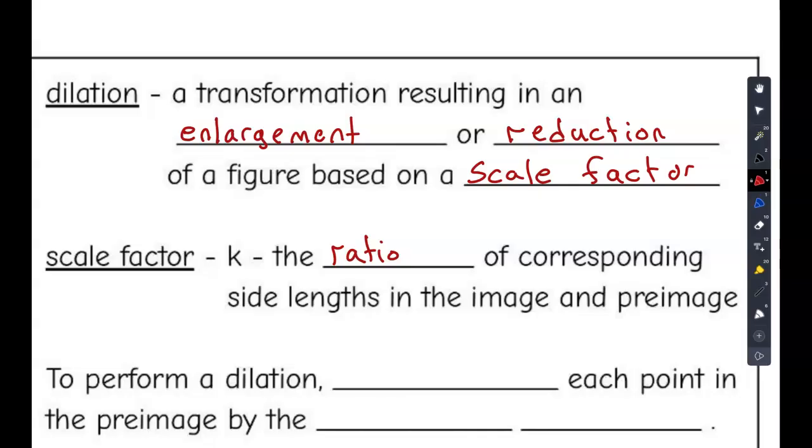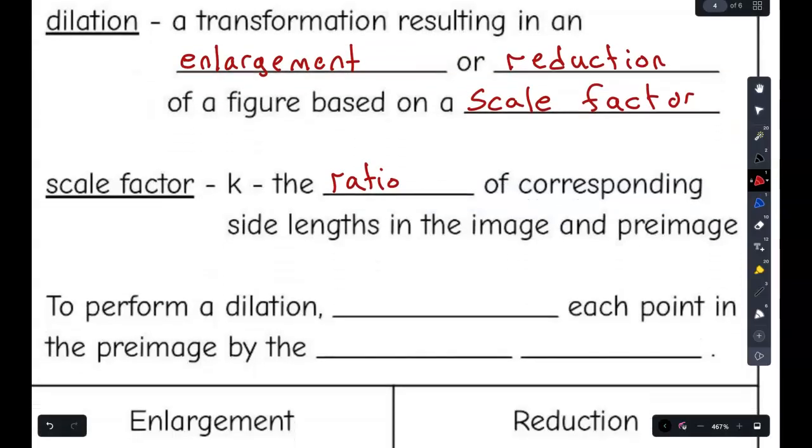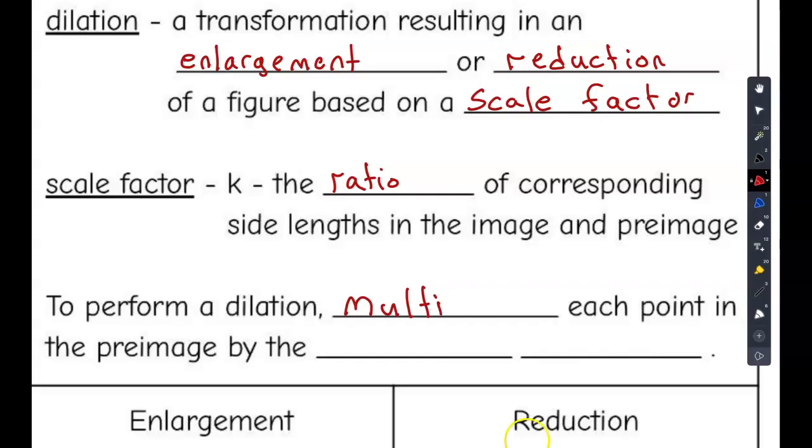Now, to perform a dilation, you must multiply each point in the pre-image by the scale factor. And that's it.